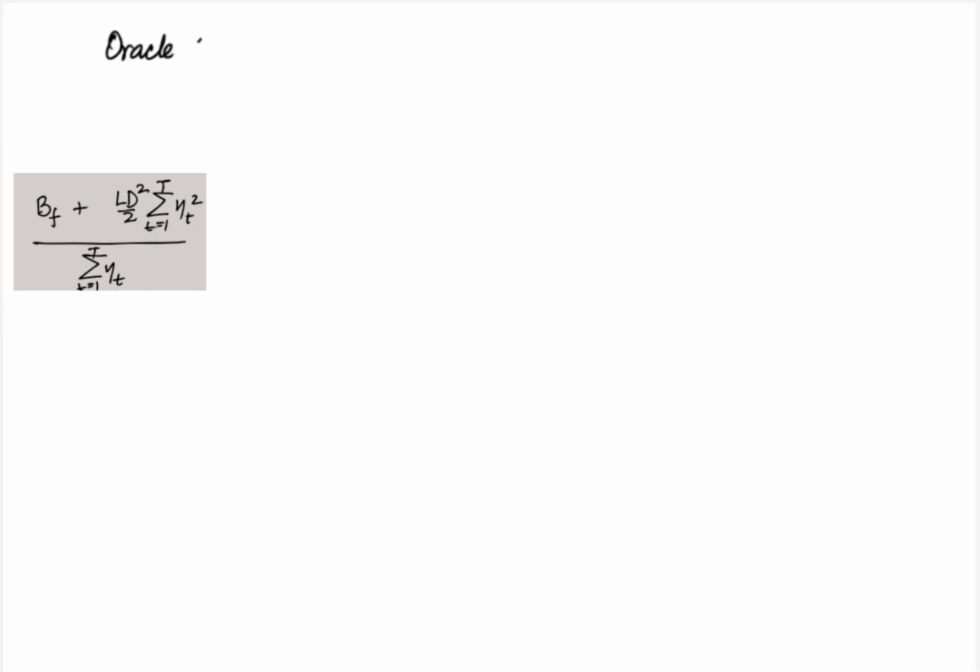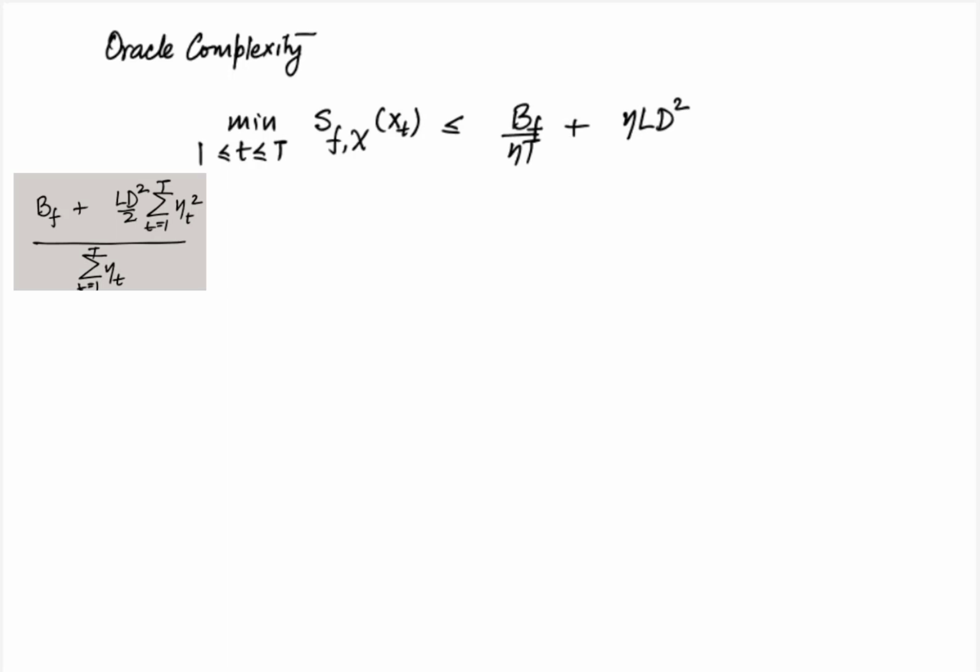So continuing, in the expression obtained earlier, if we replace eta_t with eta, it would look like the minimum of S of x_t is less than or equal to B_f by eta T plus eta L D squared by 2. We have already seen how to calculate the Oracle complexity for such a setting. Equate each of these terms with epsilon by 2, then we obtain that B_f by eta T is equal to epsilon by 2 and L D squared into eta by 2 is equal to epsilon by 2.